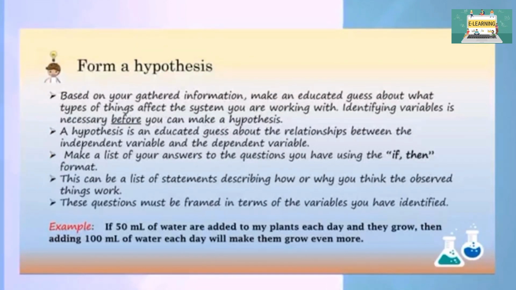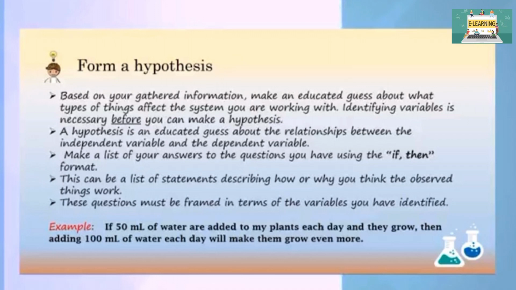In the formation of your hypothesis, it should be based on your gathered information. Make an educated guess about what type of things affect the system you are working with. Identifying variables is necessary before you can make a hypothesis. A hypothesis is an educated guess about the relationships between the independent variable and the dependent variable.